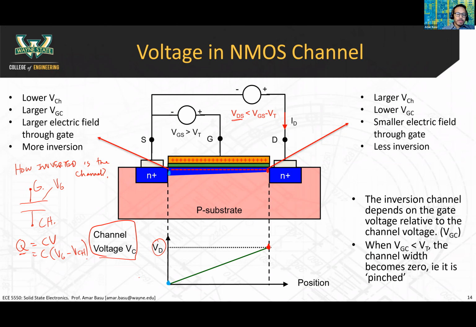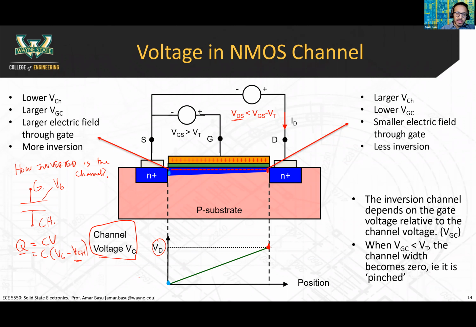So what I want you to see is on the right side of the diagram, the channel voltage is high, so that's going to result in a smaller Q, a less inverted channel.